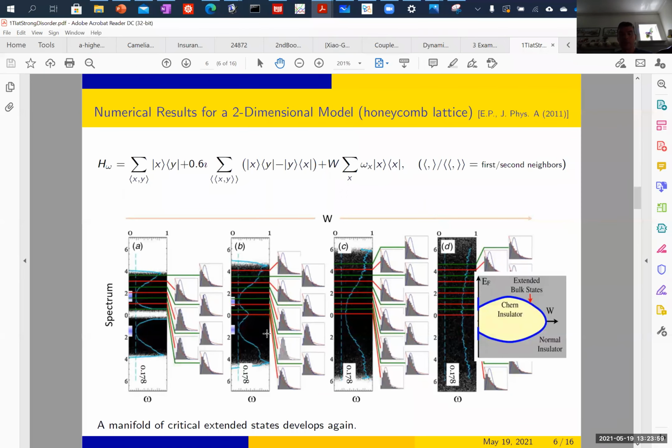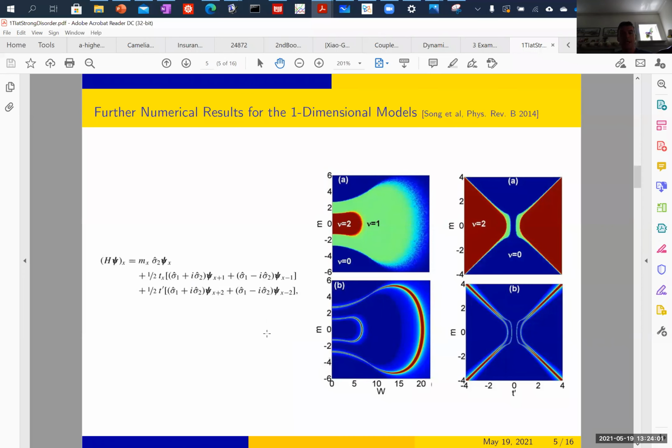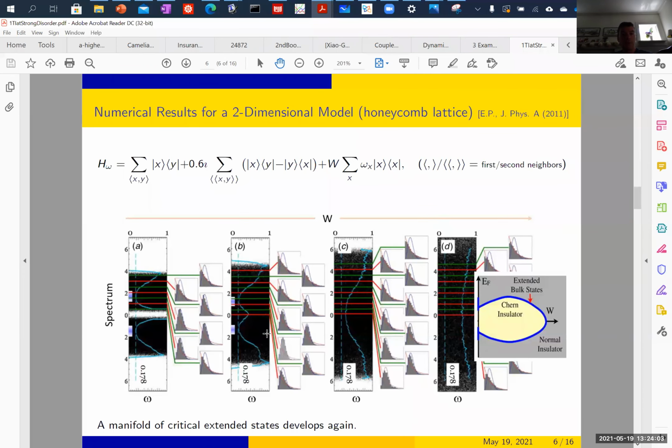It happens, so this was the A3 class and BDI class over here. This will be the A class. You will again observe that there is a manifold of a metallic phase in the phase diagram consisting of Fermi level and disorder strength.